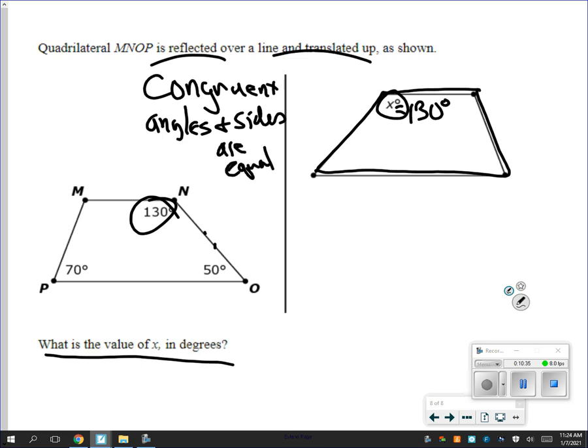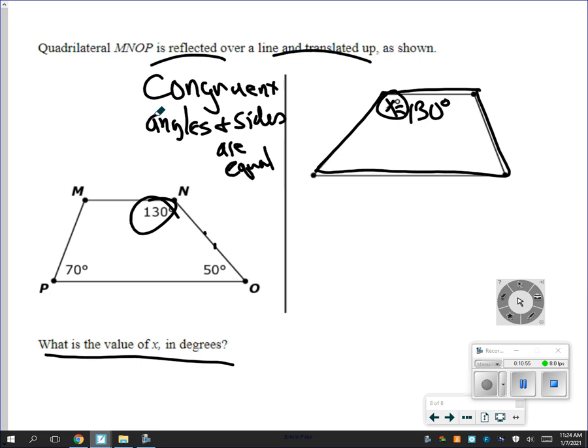So when I did this, I looked and said, okay, if I know angle N is 130 degrees, well, X is the exact same location as that 130 because these things are reflected and translated. So here's X.